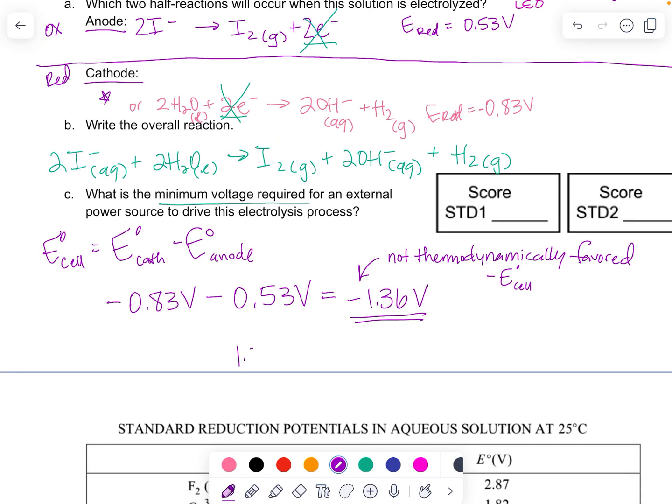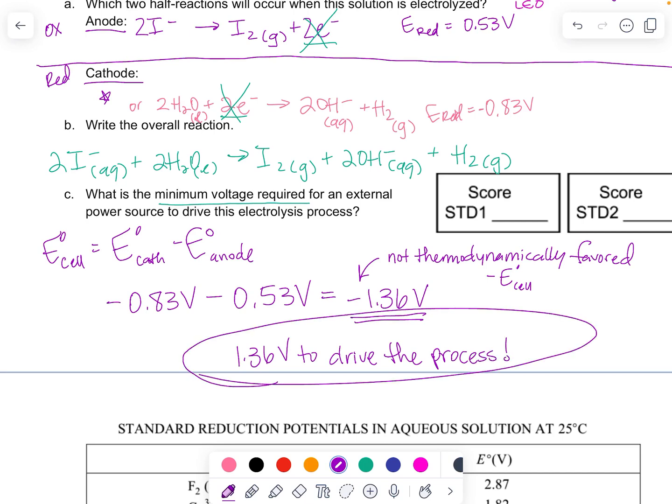So I need 1.36 volts to run, or to drive, I'll say, the process in the non-thermodynamically favored direction.